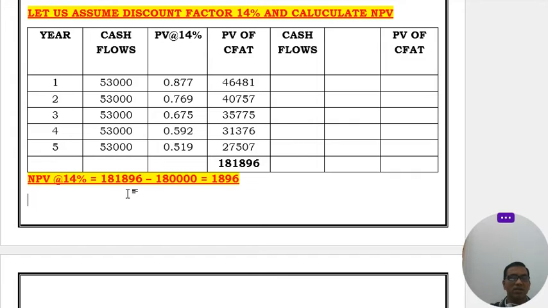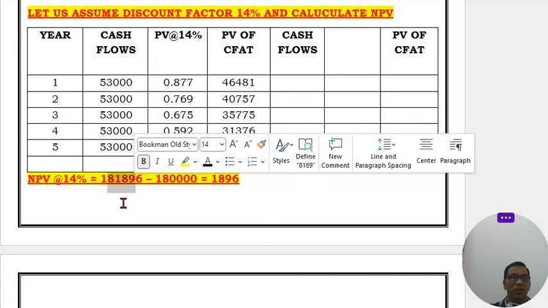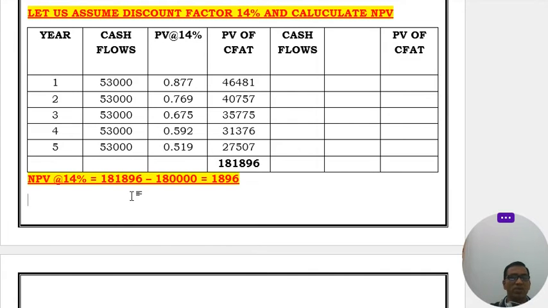That is the IRR rate. So for this value to become 180,000, this value has to decrease, which means the discount factor has to increase.